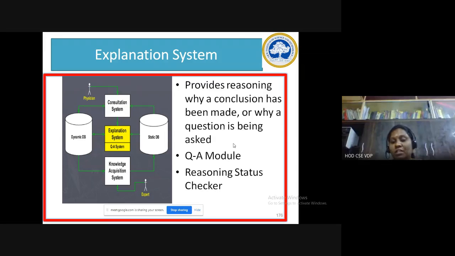Depending on two symptoms, you cannot call it malaria. If you post a question like that, it will go and check again in the database, saying that if all three things are there, but no headache, not very frequently, once in a while I get a headache. If such a condition is there, it will refine the explanation and give you another solution. So that is your QA module, right?